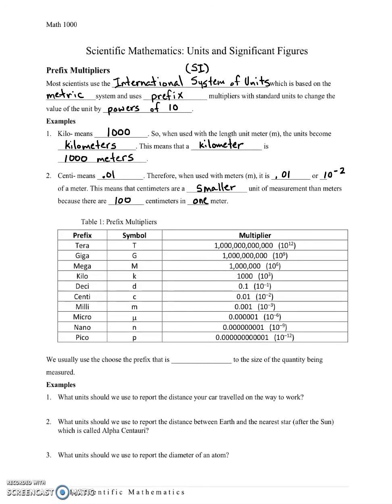So here we have a table of the prefix multipliers, and you can see 10 to the 12th, or a 1 with 12 zeros after it, has the prefix tera, and we use the symbol T. In case you're wondering, 10 to the 12th is what we call a trillion. Going down, giga is billion. Mega is million. Kilo is thousand.